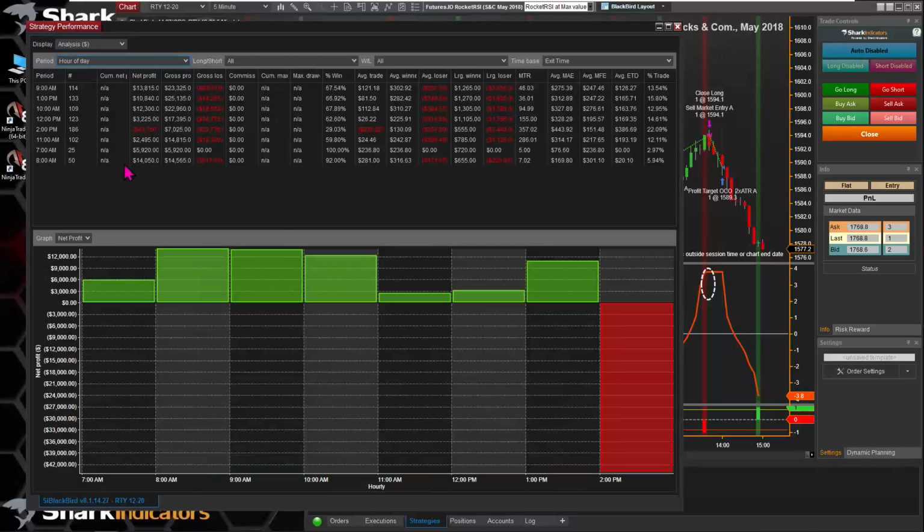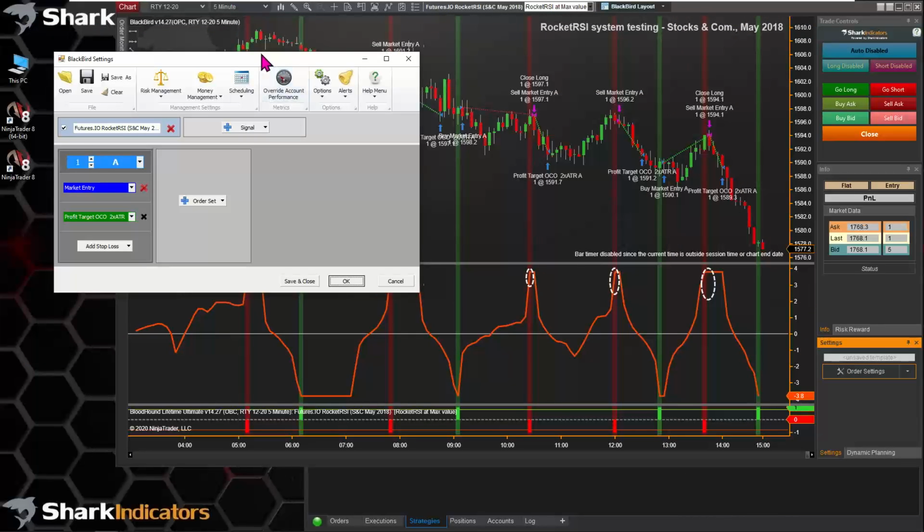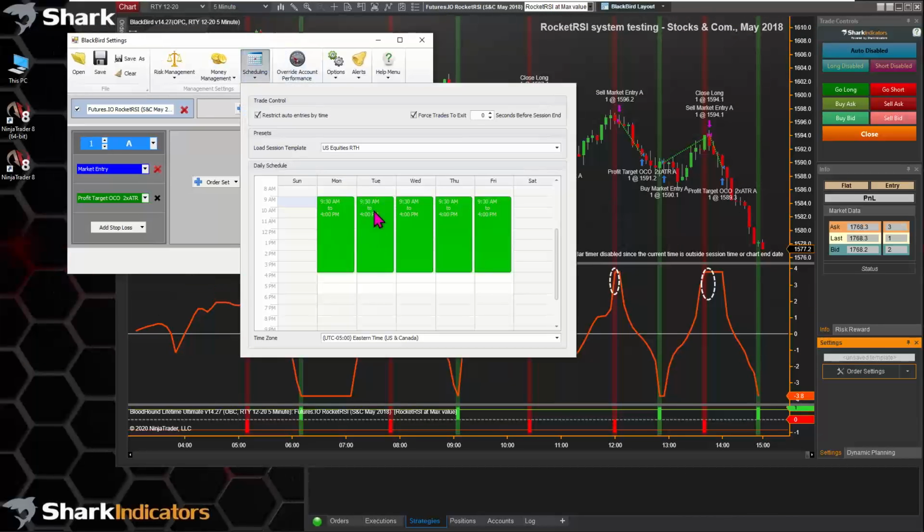But the one I thought was interesting was this last trade of the day, which is just the big loser. So what if we cut that last hour of trading out? Maybe we can cut out this big loser. If we want to do that, let's go back into Blackbird, go into scheduling, and I can slide these blocks of time and make them an hour shorter.